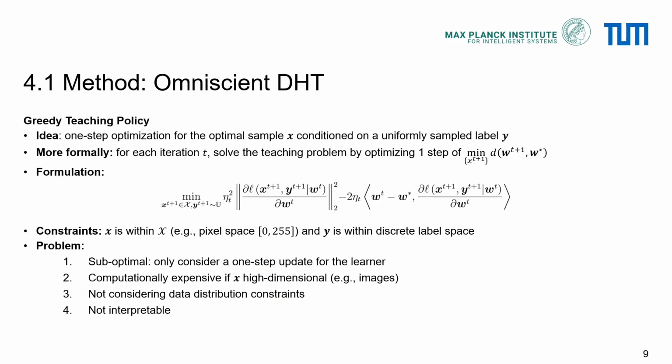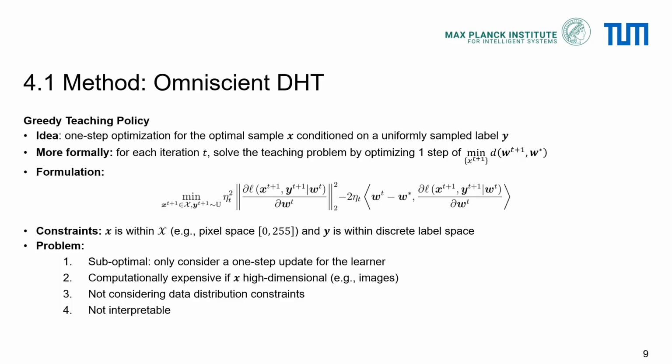So in the Omniscient DHT, the most natural idea would be to perform some kind of greedy teaching policy. So we are trying to perform one-step optimization to find the optimal sample X conditioned on the uniformly sampled label Y. More formally, we are trying to solve this optimization problem at each iteration.